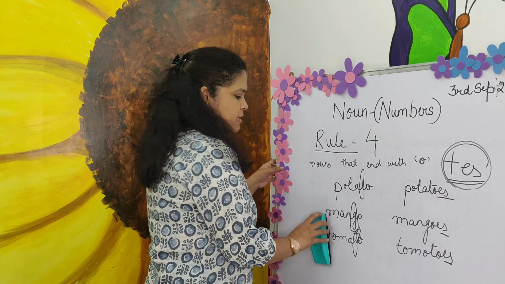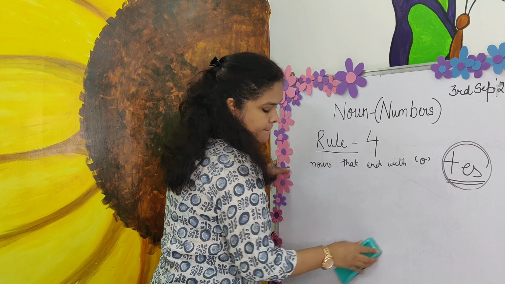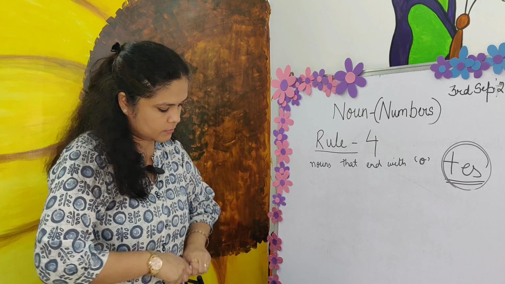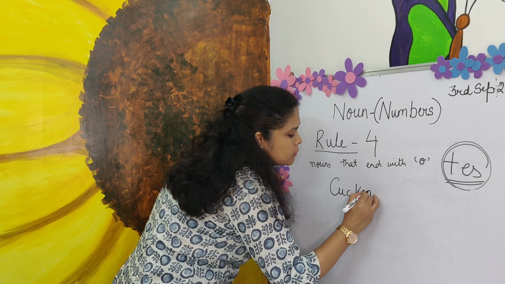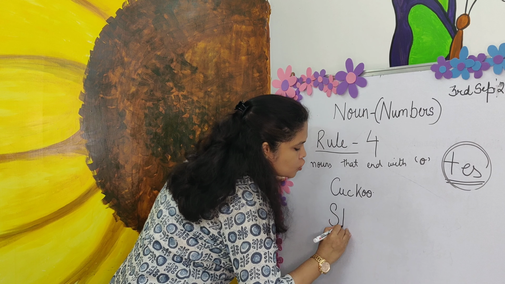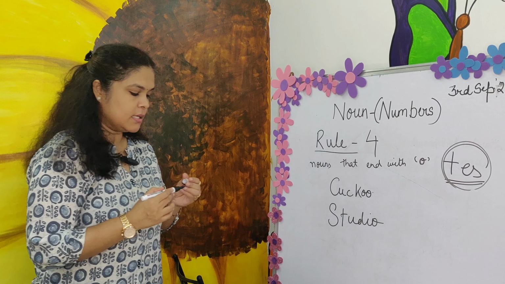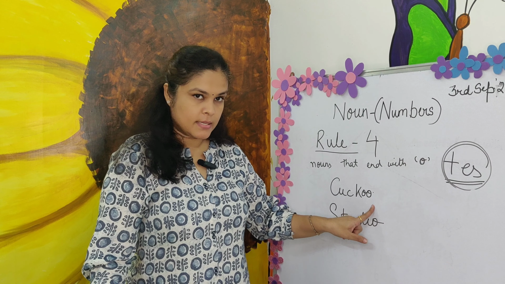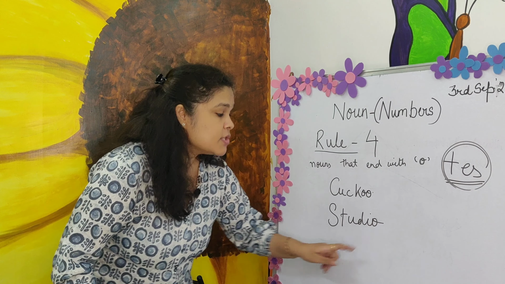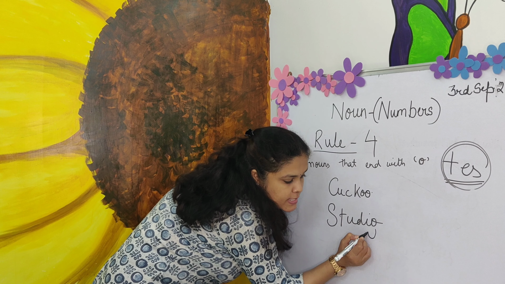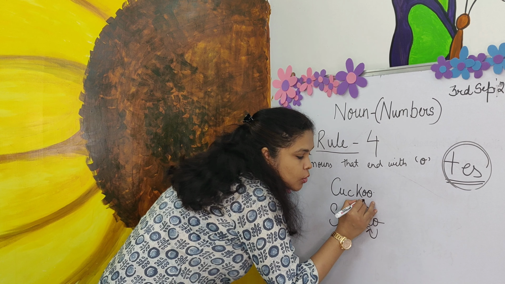How does it change? See, we will take some examples. Cuckoo, studio. These are words which are also ending with o, right? Cuckoo ends with o and studio also ends with an o. But just before this o, what do you see? It's an I in studio and it's another o in cuckoo.